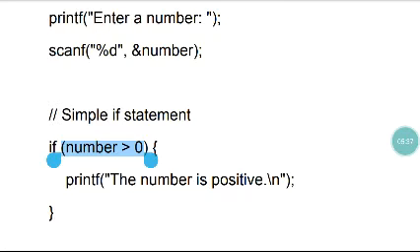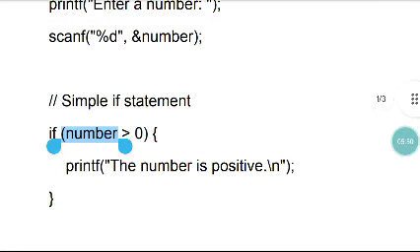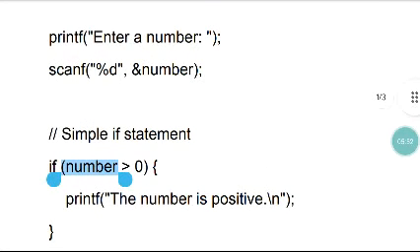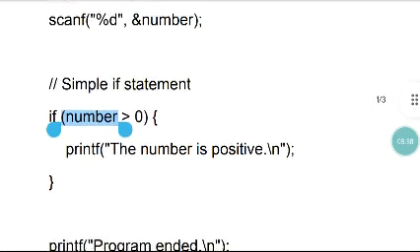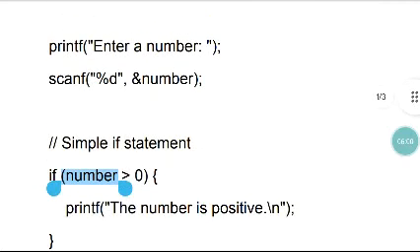Here the relational operator, the comparison operator, is used. Number is compared with 0. For example, if our purpose is to check whether the given number is positive or not, we should write this relation inside if.